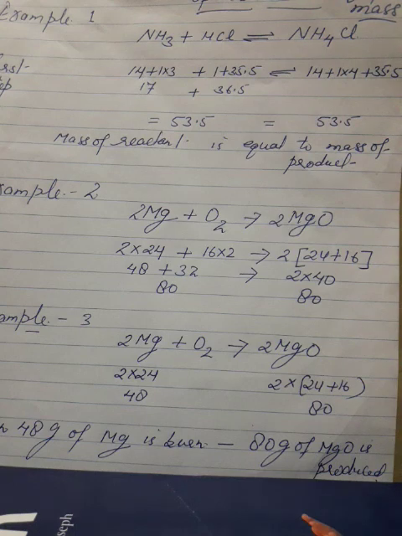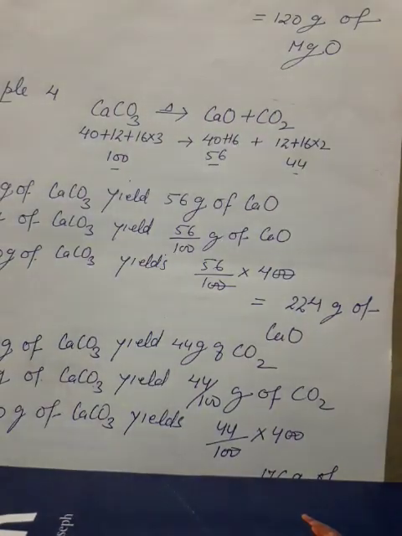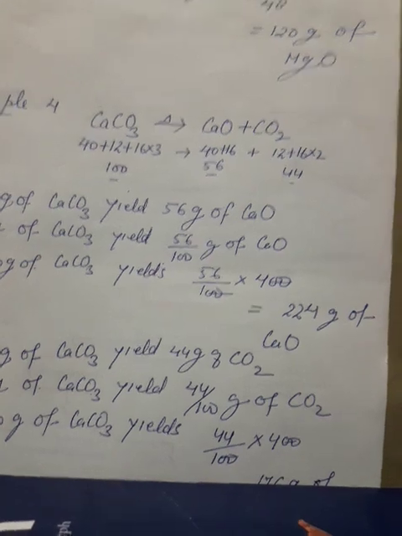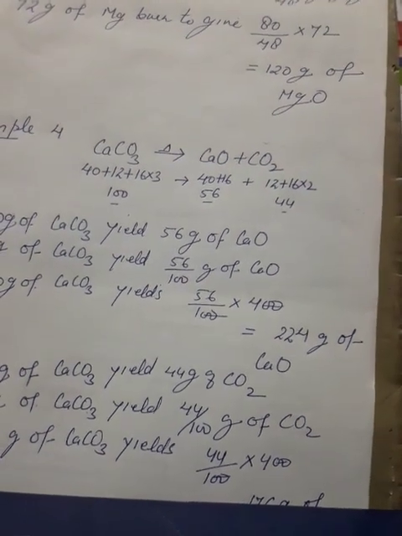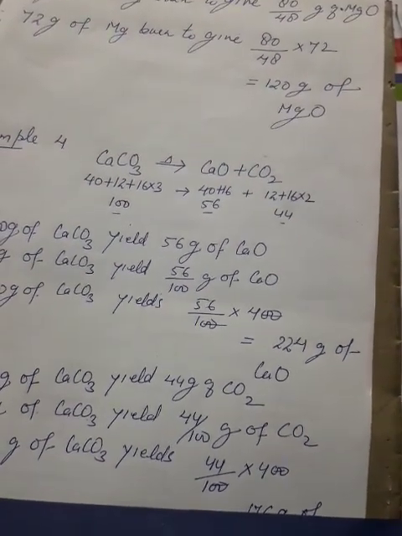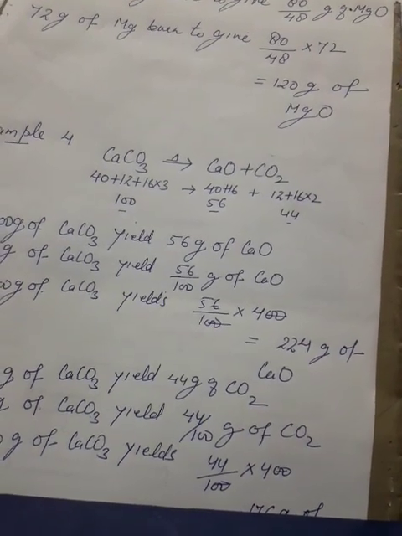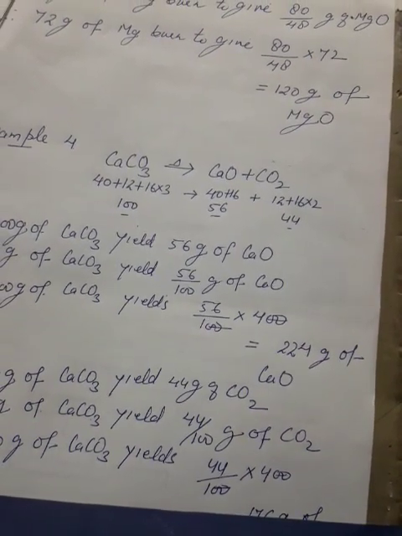From this equation, we can see that when 48 gram of magnesium is burned, it will produce 80 gram of magnesium oxide. Therefore, if 1 gram of magnesium burns, it will produce 80 upon 48 gram of magnesium oxide.